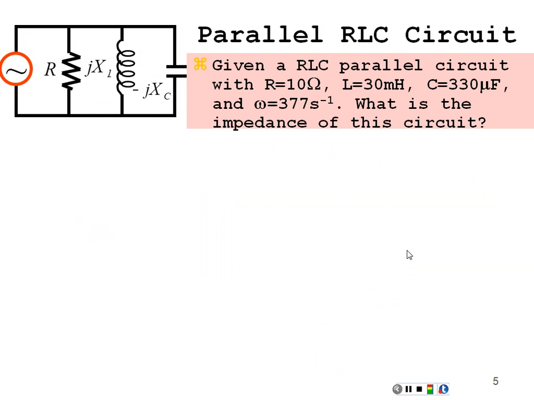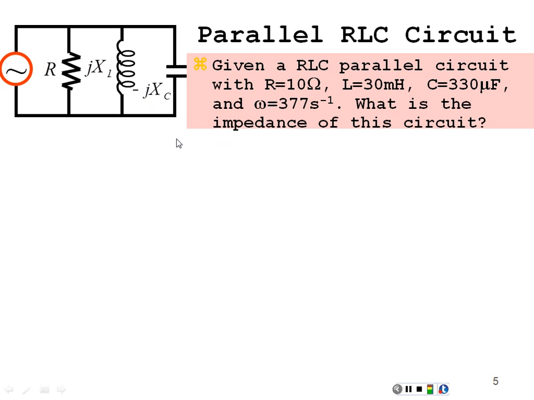Let's try this out with a parallel RLC circuit. Given a parallel RLC circuit with R equal to 10 ohms, L equal to 30 millihenries, C equal to 330 microfarads, and our angular frequency equal to 377 radians per second, what is the impedance of this circuit? All right, so we have these 3 parallel branches.